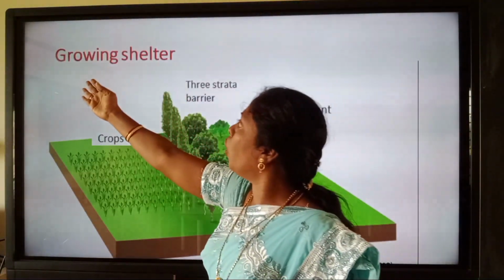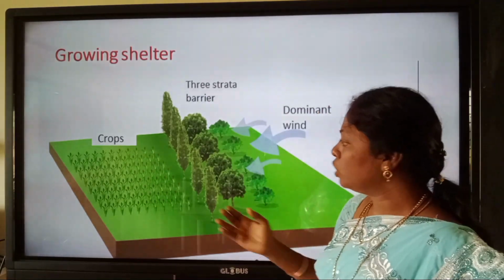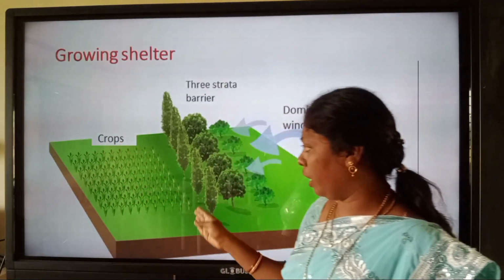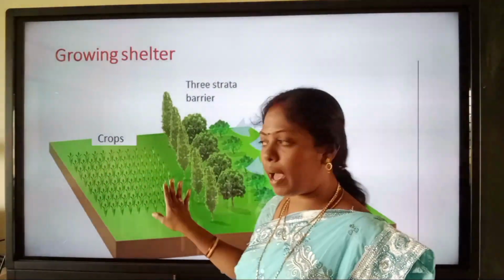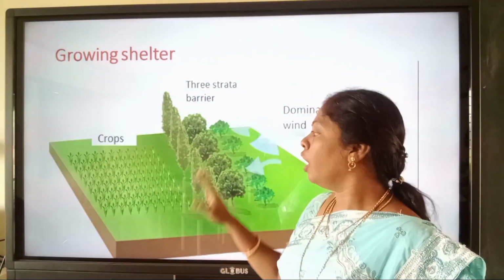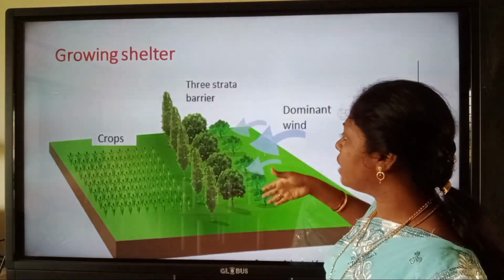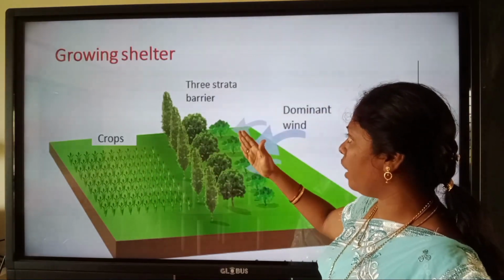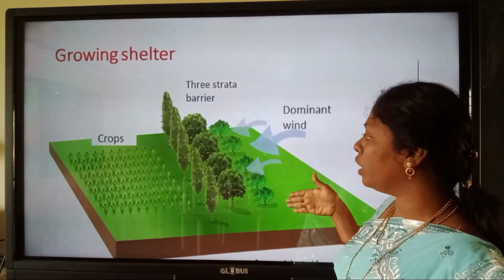Next we have growing shelter belts. So what do you mean by growing shelter belts? Can you see, this is a crop area. After the crops have been cultivated, the land remains bare. At that time the wind and water can wash away the topsoil. In order to prevent that, we can grow some trees like this, like a three-strata barrier. That means we can grow the trees in three rows.